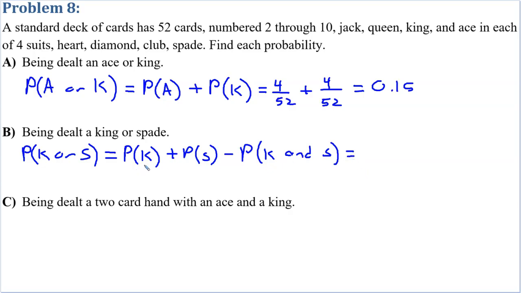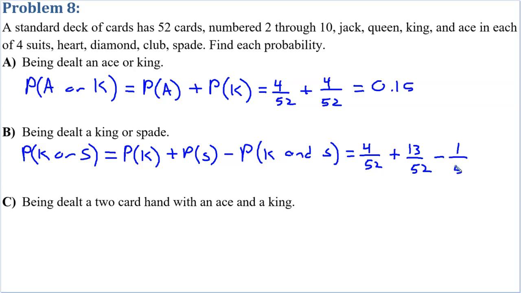So there are 4 kings out of the 52, plus there are 13 spades. If we divide 52 by 4, we end up with 13. And then what we have to do for this one is subtract the kings and the spades, in other words, the king of spades.